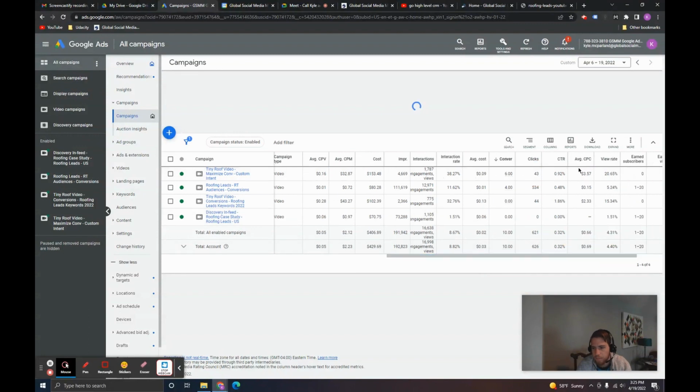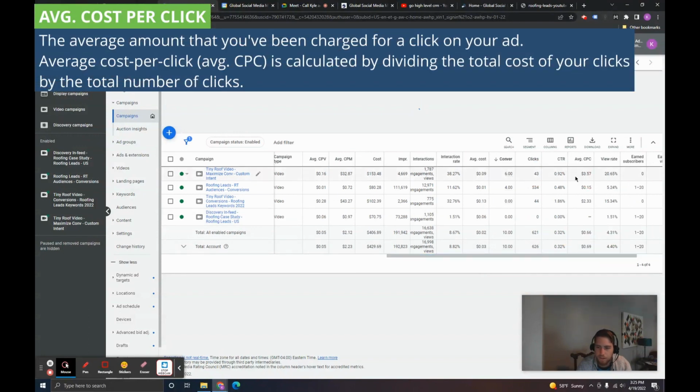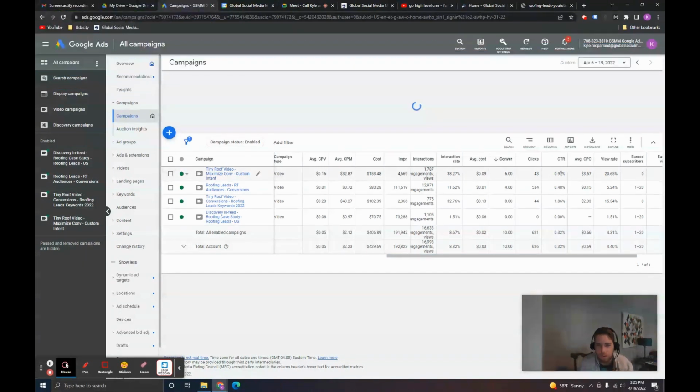Looking at individual metrics like cost per click is important, so you can see how much on average it costs to get one person to click on my ad. If we were running an ad like we are now, and this cost per click number was like $9 or $15, that is a pretty good indication that our ad isn't good.